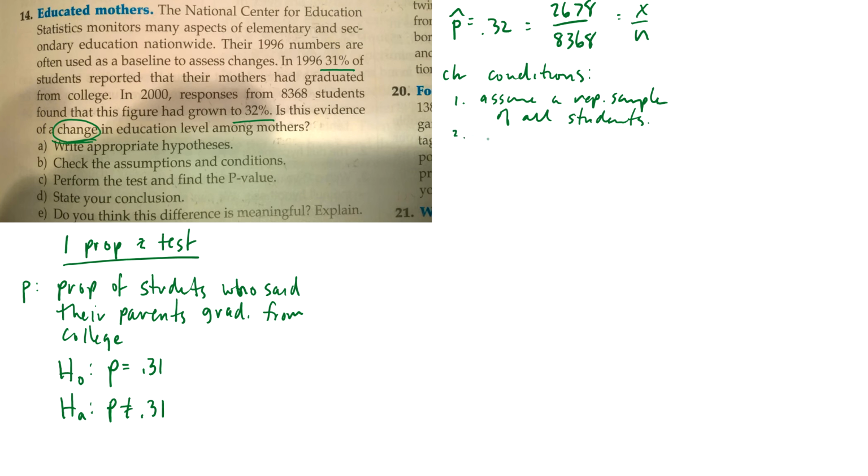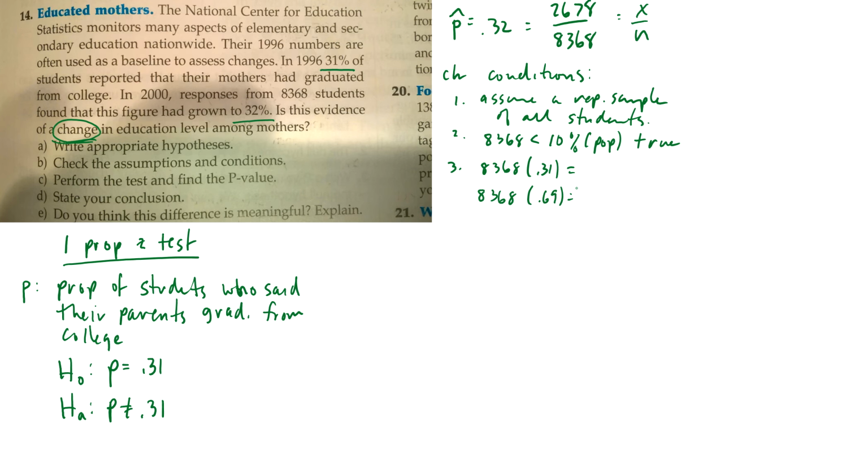Number two, n is 8368, less than 10% of the population. Of course, that's true. And number three, 8368 times 0.31 and 8368 times 0.69. Do it on the calculator.